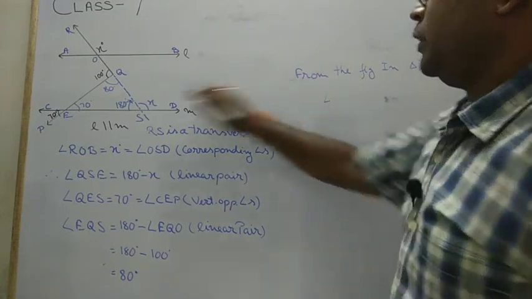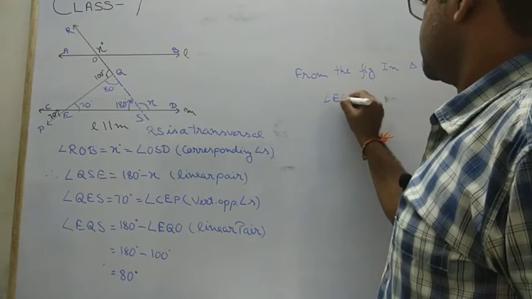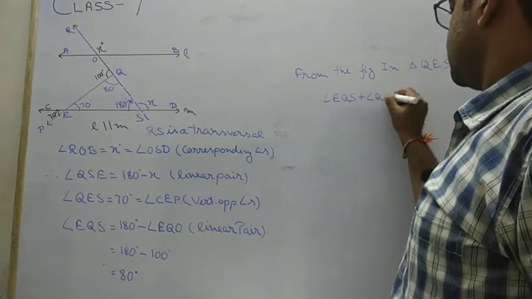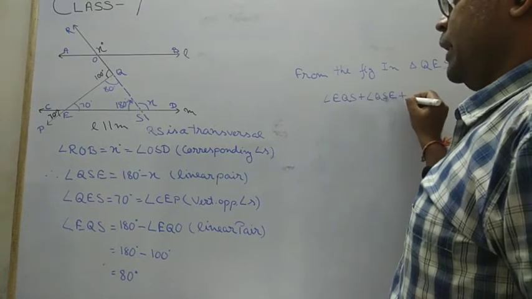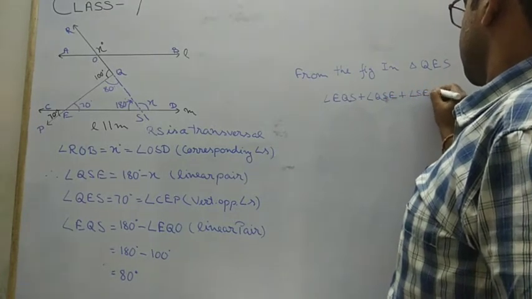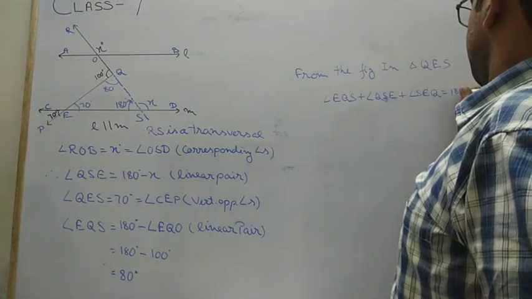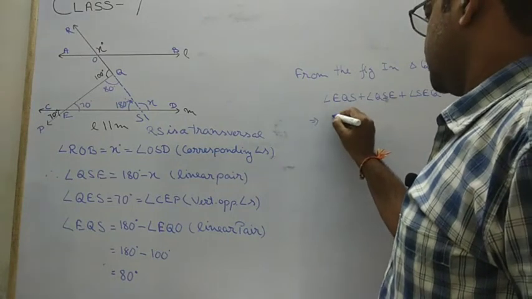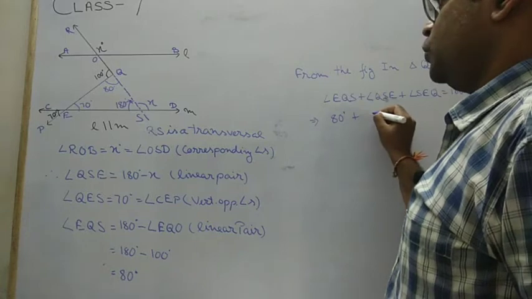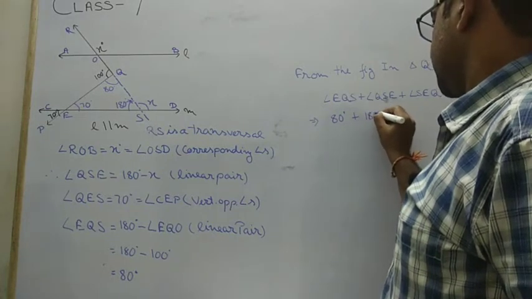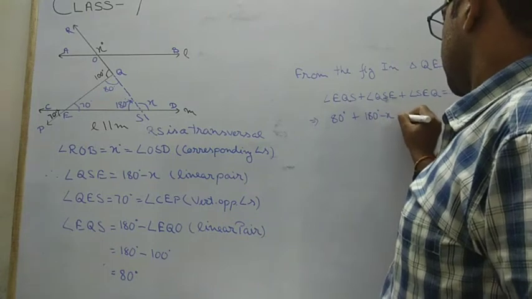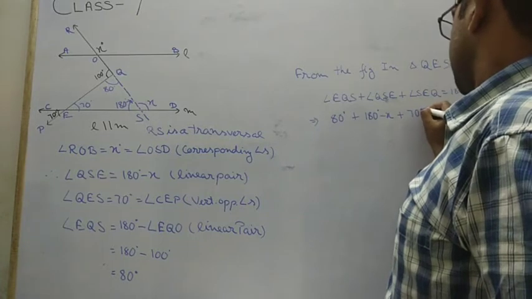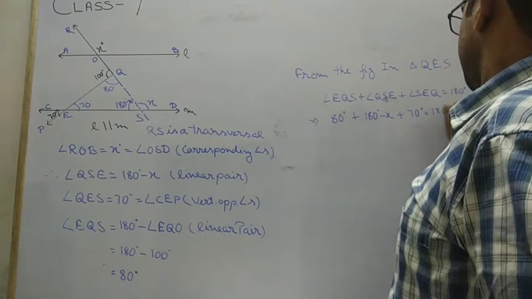Angle EQS plus angle QSE plus angle SEQ equals 180 degrees. Place the values. EQS is 80 degrees, plus QSE is 180 minus x degrees, plus SEQ is 70 degrees, equals 180 degrees.